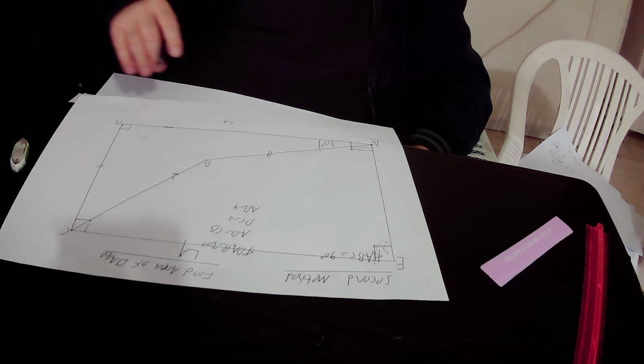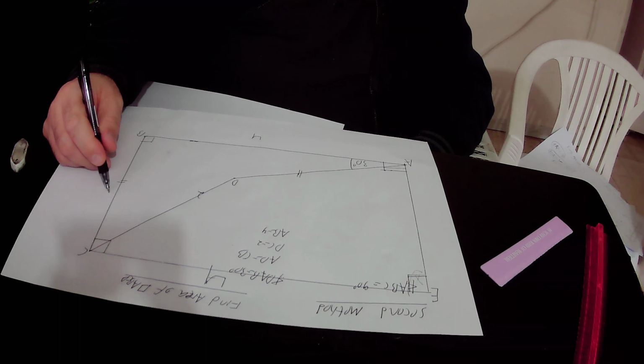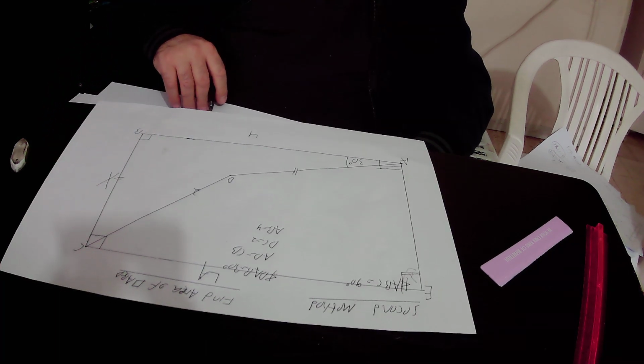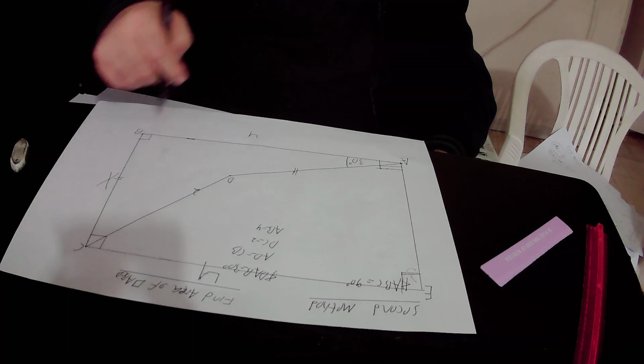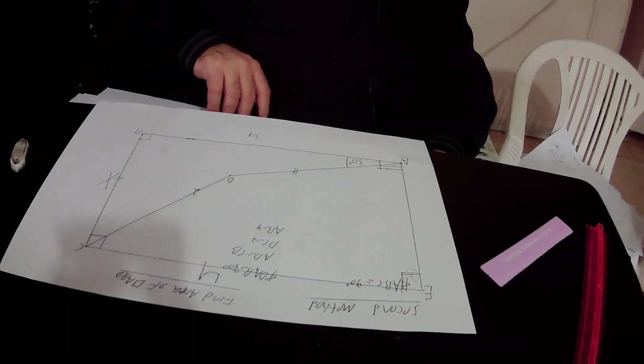And if we define CB as X, according to rule number 3, the opposite sides CB and AE must be equal to each other in rectangle ABCE.